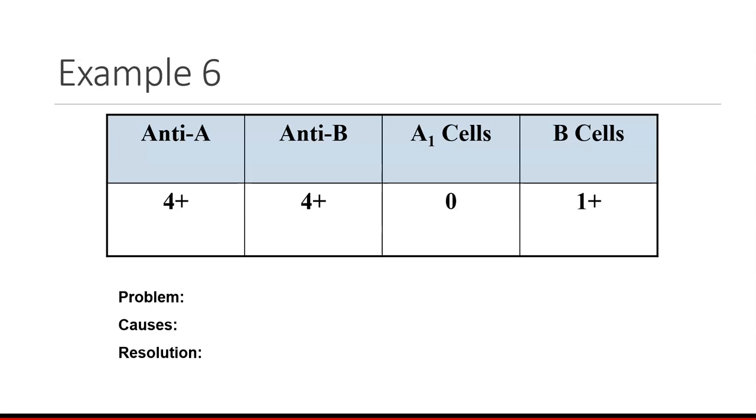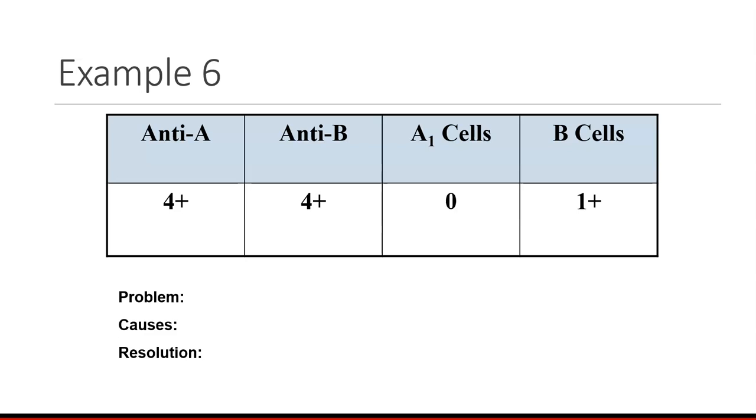So what we would do is run our screen cells, the purpose of which is to detect unexpected antibodies. An unexpected antibody is an antibody other than anti-A or anti-B. So anti-Lewis, anti-M, anti-N. There are several blood group antibodies that react at room temperature.